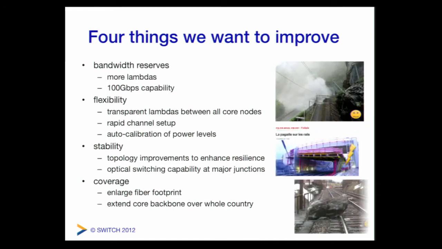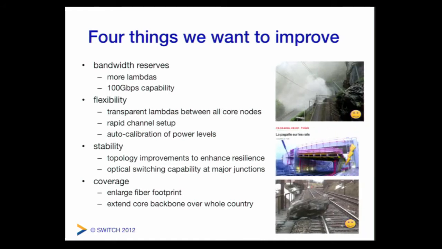This is just a few pictures of misfortunes which hit us or nearly hit us recently. We really had one interruption of 6 days, because it was a construction site, a bridge which fell exactly on our cable, and it took them 6 days to fix the cable.